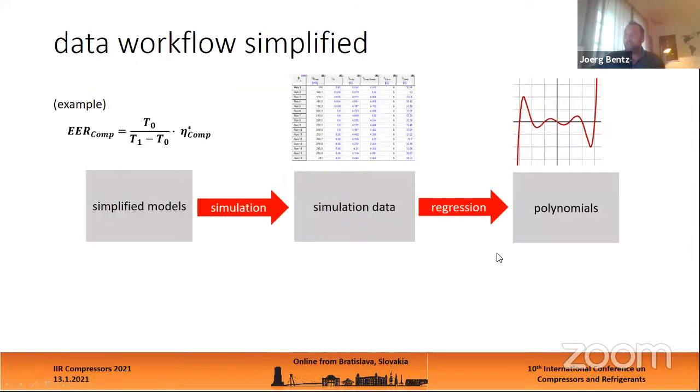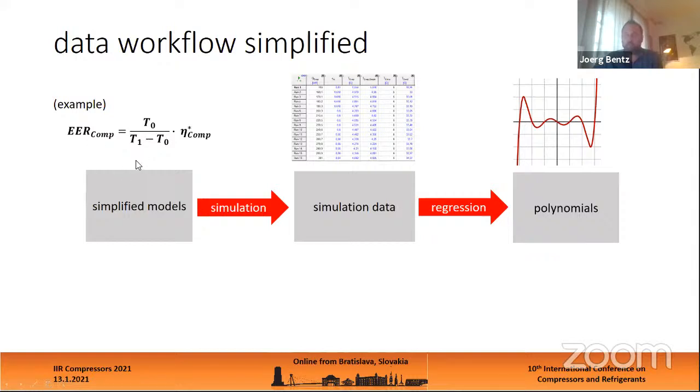Okay, then the data workflow is: we start with simplified models for the refrigeration components. Here, as a very simple example, the chiller.